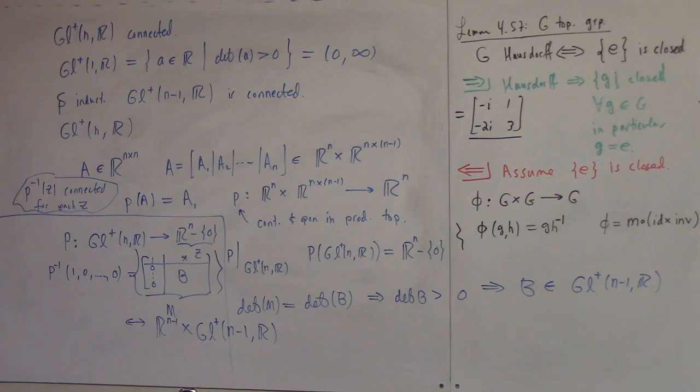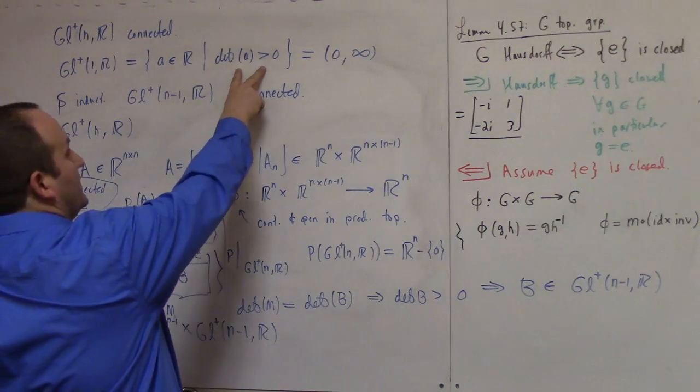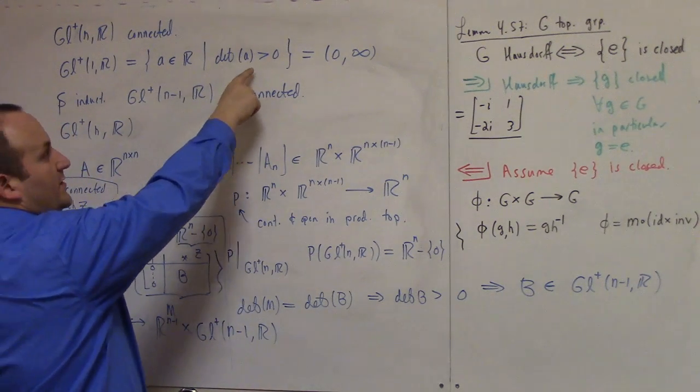Yeah. And I think I know exactly what he's saying, that the proof for GLNC is totally analogous. Where is it that it's real makes it different? It's right up here. The determinant of A is greater than 0.